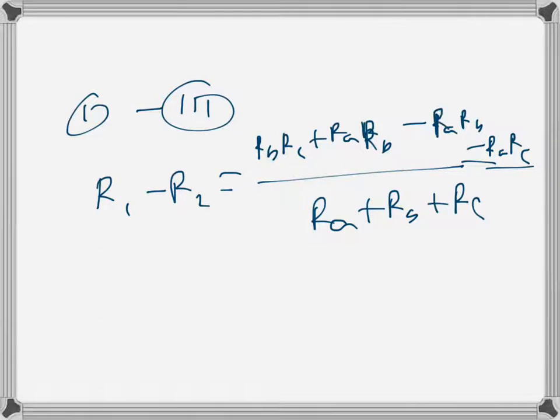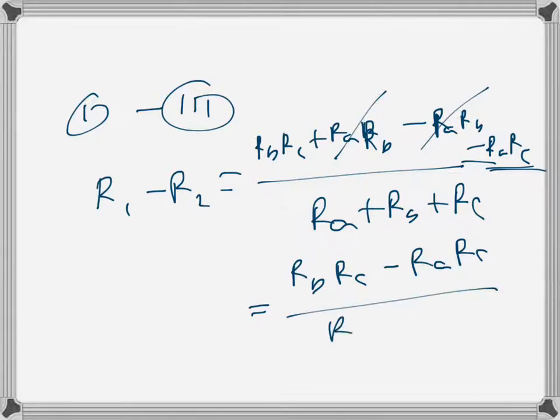I know this is pretty bad handwriting, but that's how I can manage. So these two get cancelled, so R1 minus R2 becomes again RBRC minus RARC. If I take C as common, it will be RB minus RA, and here we have the same thing.